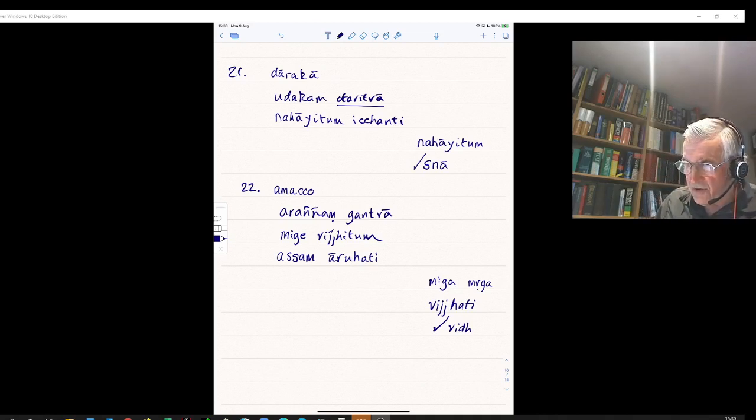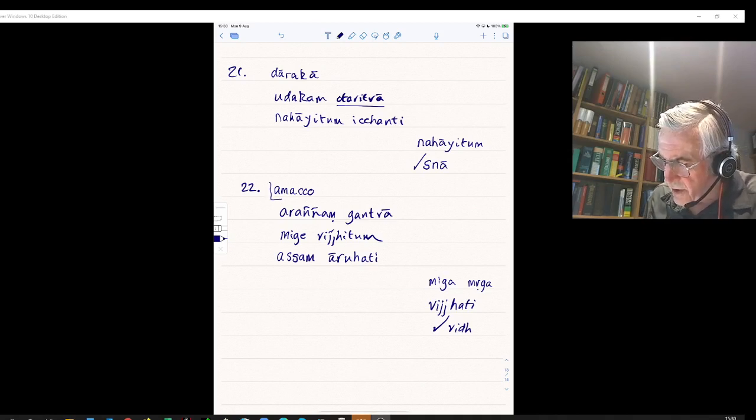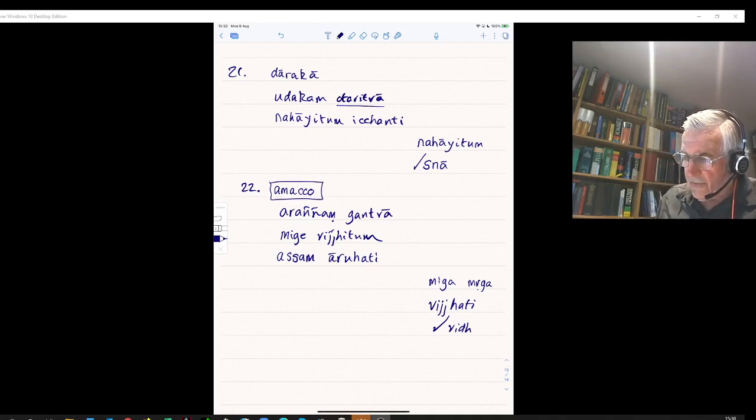But consecutive actions governed by the same original verb, aruhati. So as usual, the first of those two consecutive actions is in the absolutive. So amacho aranyam gantva mige vijjhitum assam aruhati. And as before, you can put the amacho either at the beginning of the sentence, as I've done here, or just before the main clause.